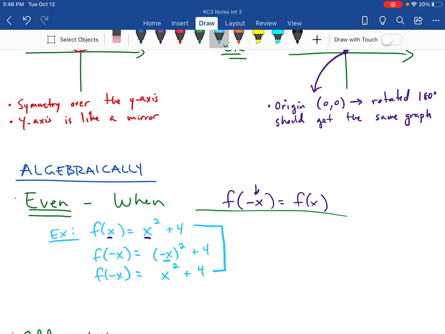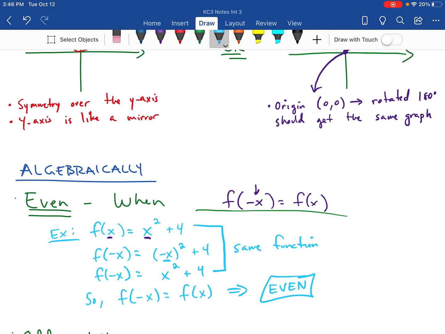When I plugged in a negative x and I simplified, I also got x squared plus 4. So these are the same function, even though one of them was f of negative x. When that happens, we say that f of negative x is equal to f of x, which means that it is an even function.